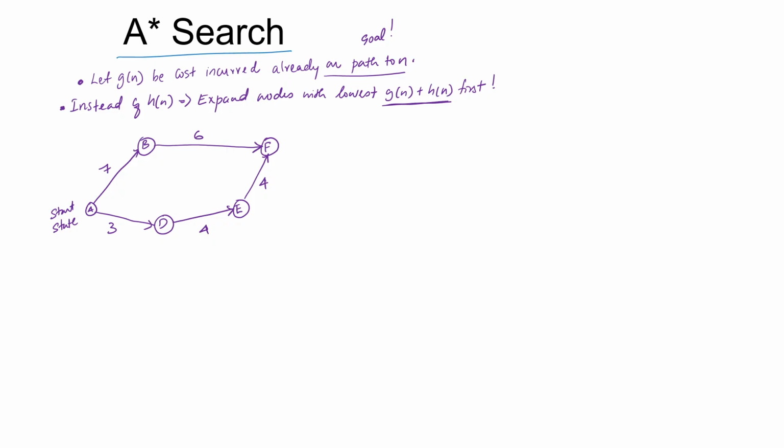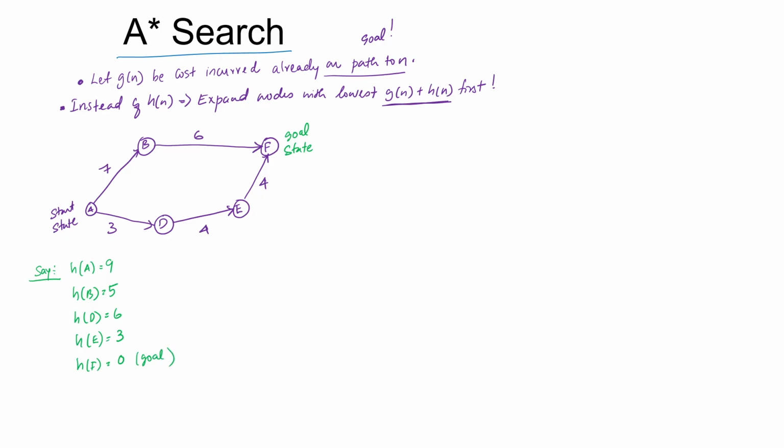And we also say that H of A is equal to 9, and F is your goal state, the previous example. H of A is equal to 9, H of B is equal to 5, H of D is equal to 6, H of E is equal to 3, H of F is equal to 0 and this is your goal.